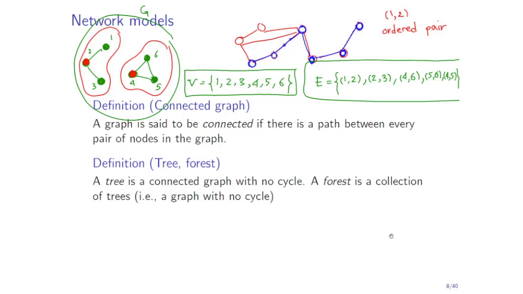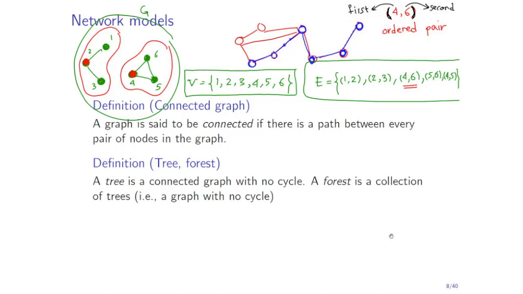Let me use another edge, for example, the edge 4, 6. It's an ordered pair. Putting them in parentheses means that it is ordered, which means that this comes first and this comes second.